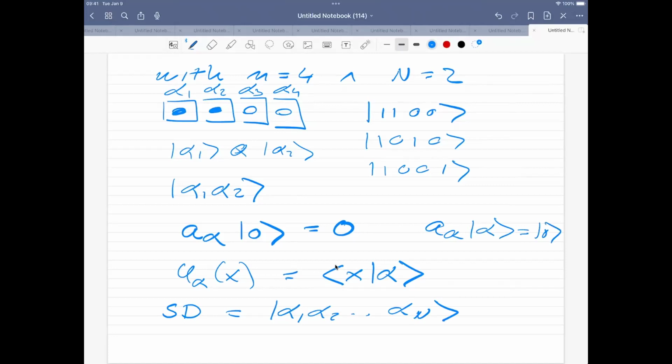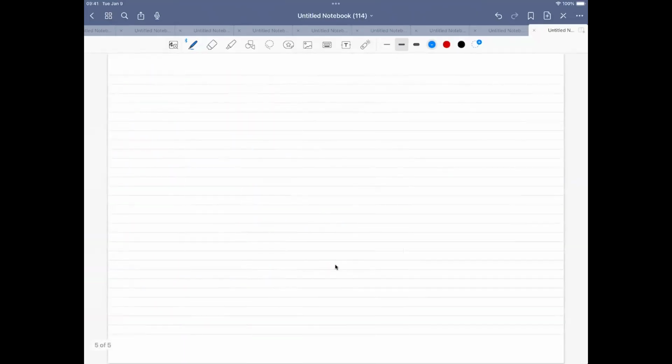So there are some calculations which we started with last week. So let's take a look at some of these calculations again. And we are going to introduce a more compact notation for some of these types of calculations. So one of the things which we introduced last week was what we called the number operator.